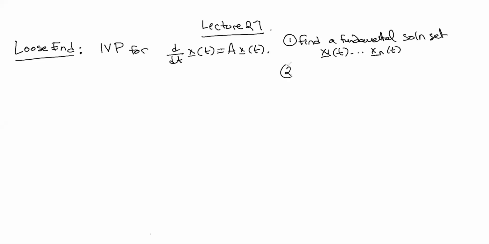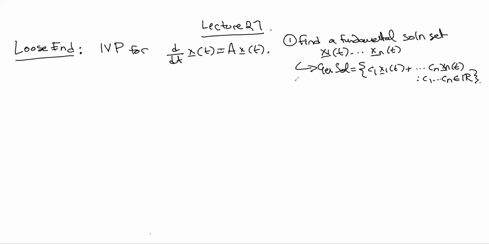And then the second step is, okay, so the first step implies that the general solution is the span of these things, right? C1 x1 of t all the way to Cn xn of t, where these C1 through Cn are some unknown real coefficients, a subspace, right?